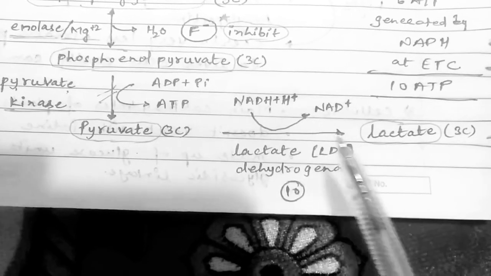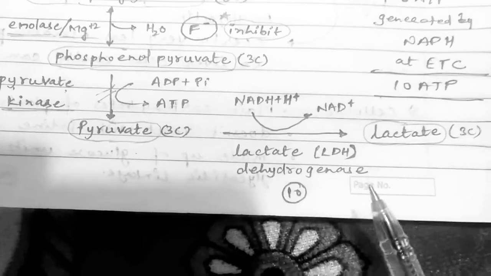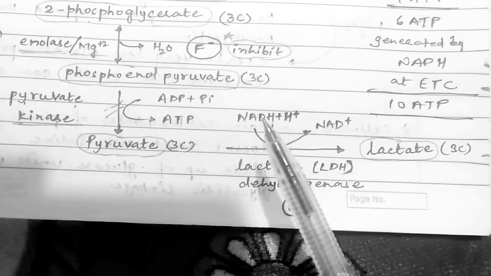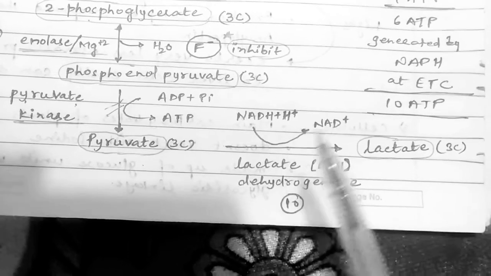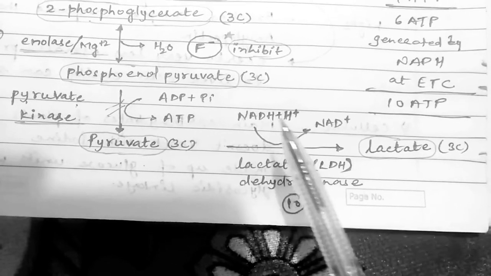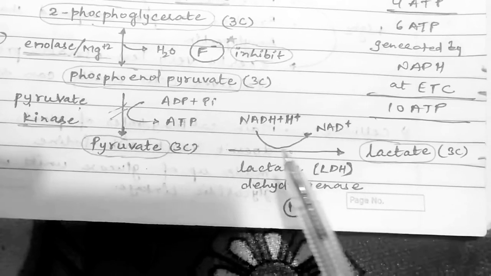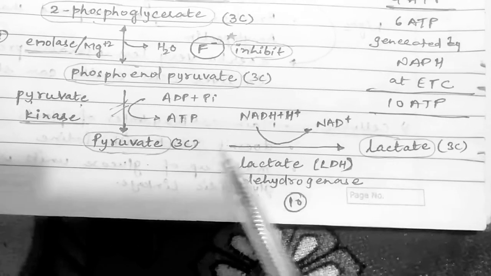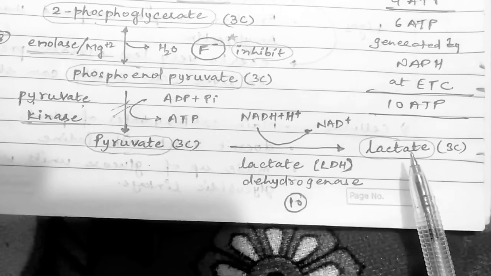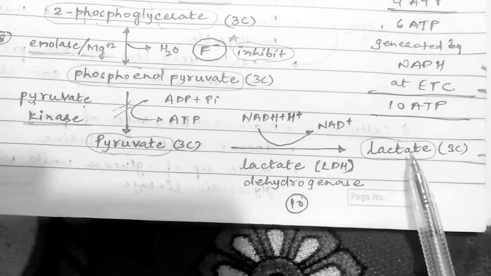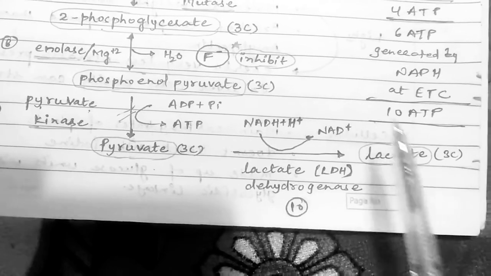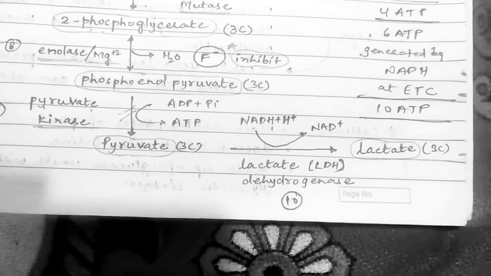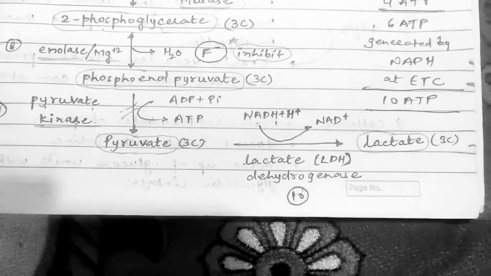For this reaction the lactate dehydrogenase enzyme is required, and the coenzyme NADH and H+ converts into NAD+. This reaction is also reversible; whenever the lactate concentration is more, lactate converts into pyruvate. We will discuss that pathway in the next video.